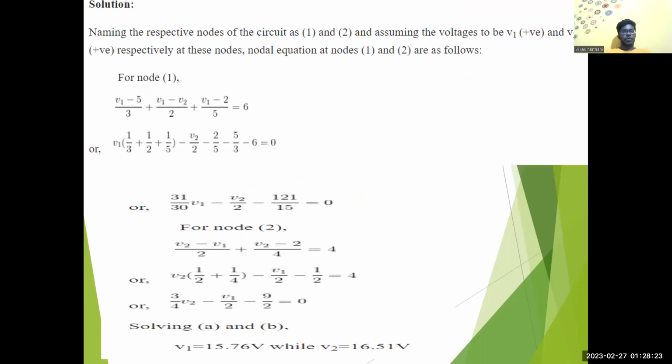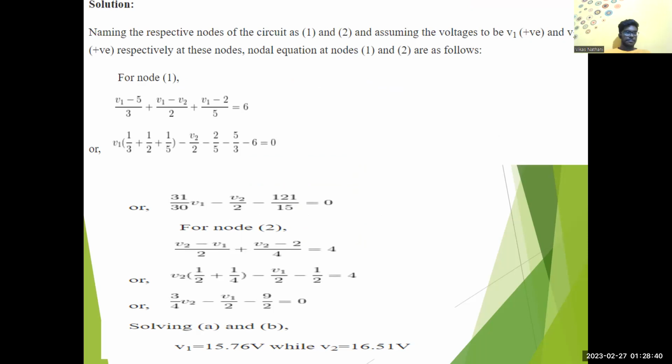Naming the respective nodes of the circuit as 1 and 2 and assuming the voltages be V1 positive and V2 positive respectively at these nodes. Note the equations at nodes 1 and 2 are as follows.